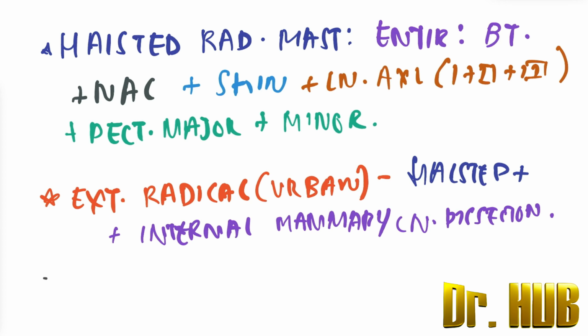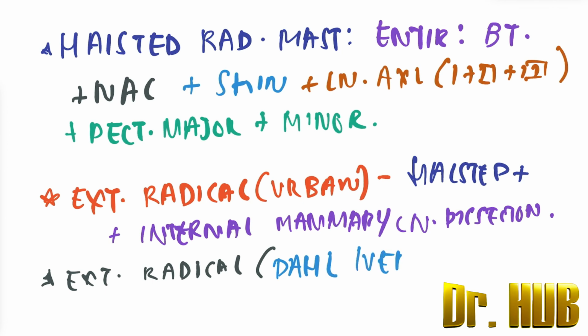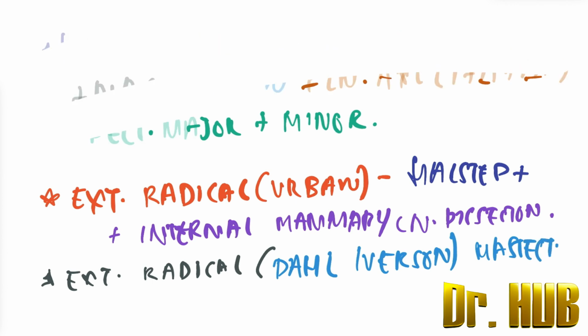Next, we move on to the extended radical mastectomy, also known as the Dahl-Iversen mastectomy. What does it involve?